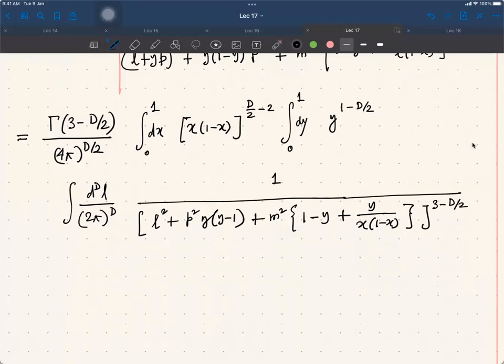And now this last integral is just in the form of the integral of L square plus m square to the power capital A, and we can just take the result that I quoted there.